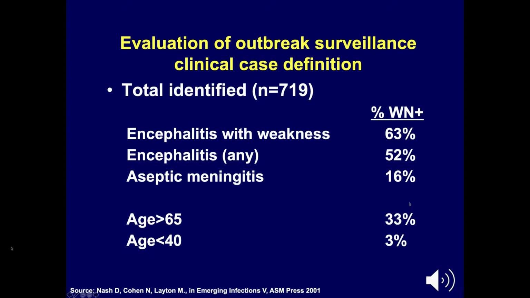And so that helped us refine the case definition for future surveillance for West Nile virus to make it more efficient. And it also helped other jurisdictions who needed to set up surveillance systems for West Nile virus. So that's an example of how you can disseminate some information about your evaluation that might be useful to your jurisdiction as well as to others.